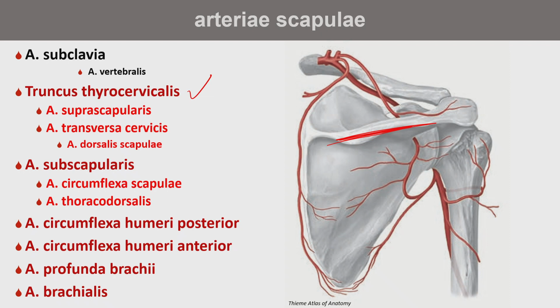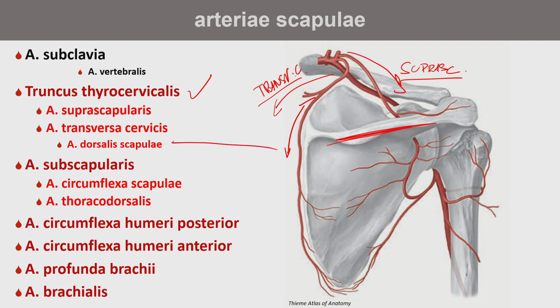One is called suprascapular, and the second is the transverse cervical. From the transverse cervical artery, there is an important branch starting here, called the dorsal scapular artery, which descends along the medial margin of the scapula and goes down to its lower angle.